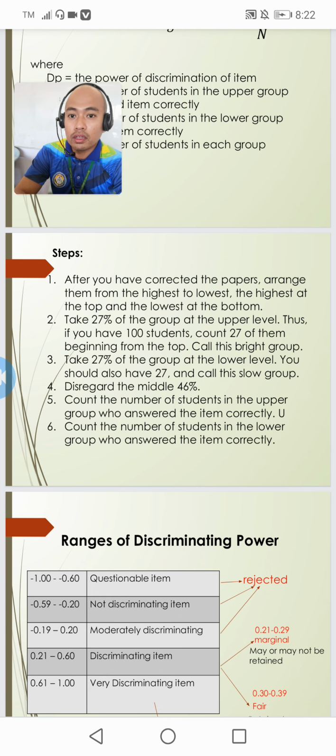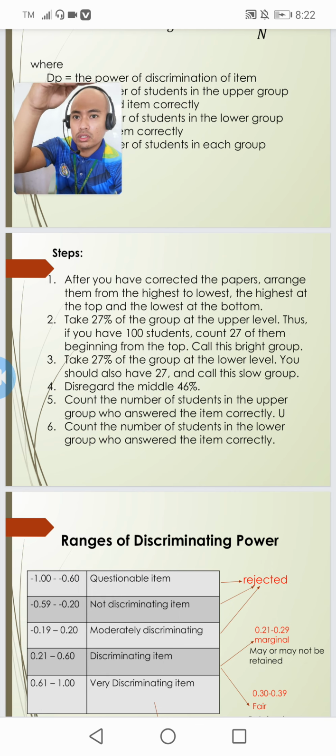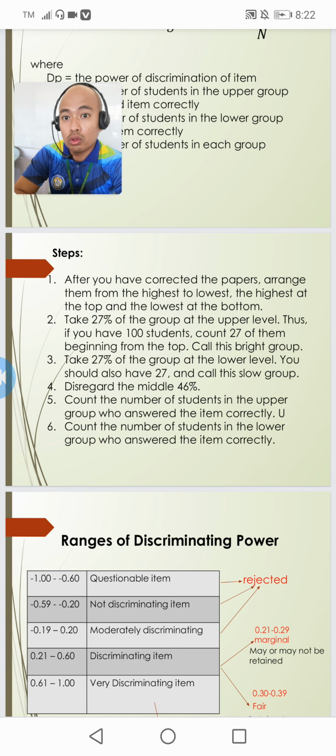Take note of that. The highest should be at the top and the lowest at the bottom. So the upper portion will be the highest scores, arranged in an array going down to the lowest score. That will be the arrangement of the test scores of the students.